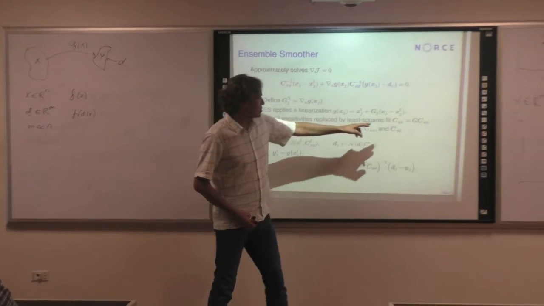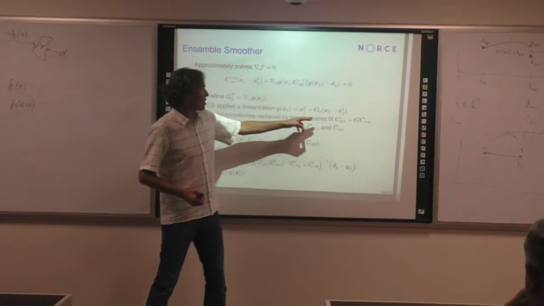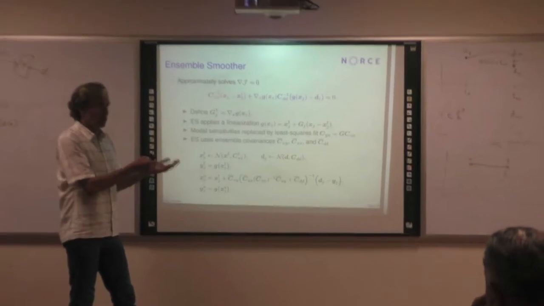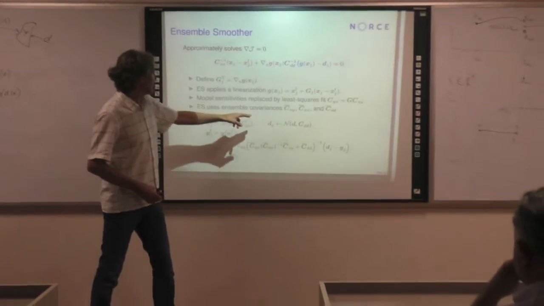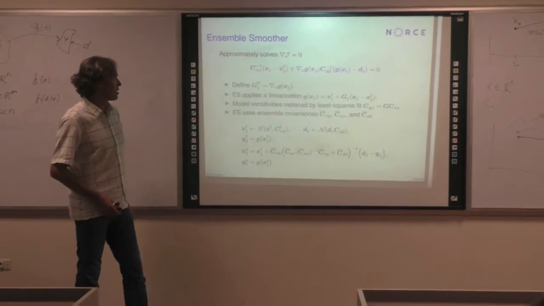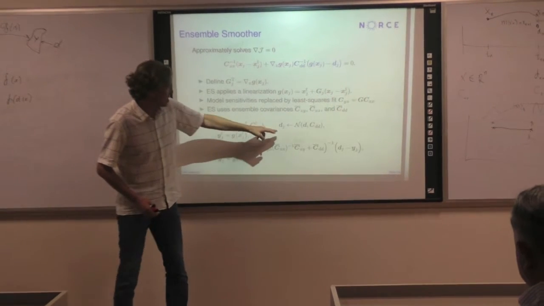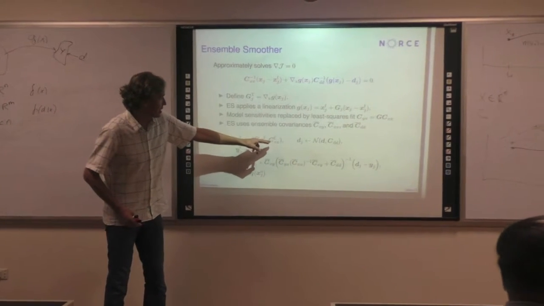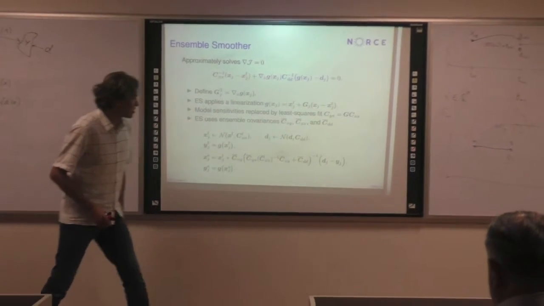So you also use this linear regression approximation, or we call it a least squares fit, to represent G. So it's a statistical estimate of G based on your ensemble. And if you insert all of these, and in addition use ensemble representations of the covariances, this is the ensemble smoother algorithm. You sample your initial ensemble from a Gaussian, you sample your measurements from a Gaussian, with mean XF and CXXF here, and the real observation and the covariance there.